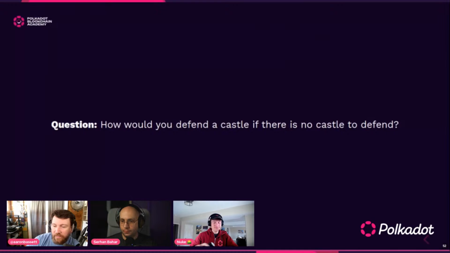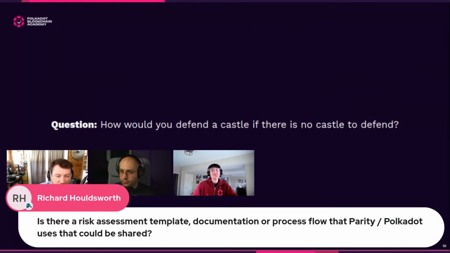The first one here is: is there a risk assessment template, documentation, or process flow that Parity/Polkadot uses that could be shared? That's a great question. Yes, there is a defined and very well documented process.